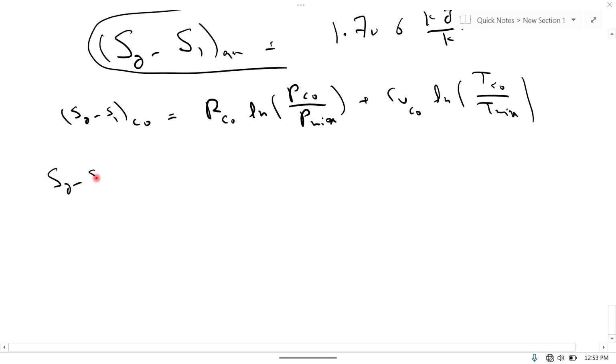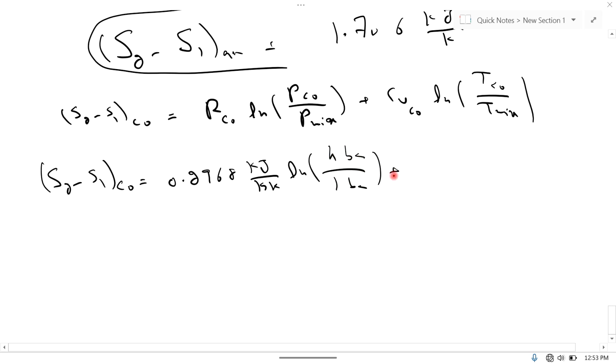Now putting values here, R per carbon monoxide is equal to 0.2968 kilojoule per kilogram per Kelvin. Natural log of pressure of carbon monoxide is given to us as 4 bar. Pressure of the mixture is 1 bar, plus Cv per carbon monoxide is 0.7437 kilojoule per kilogram per Kelvin.